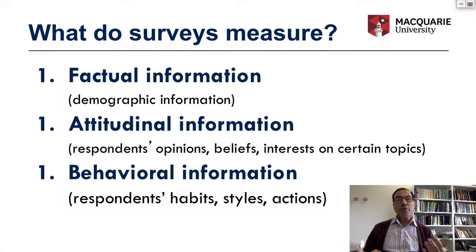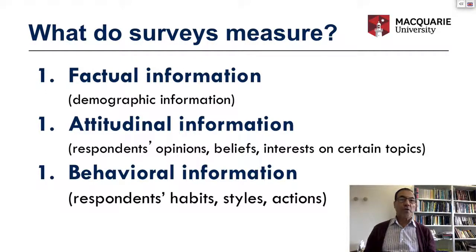So, what do survey studies usually measure? They measure three types of variables. The first one is usually called factual information, and this is the demographic information that researchers would like to collect from participants as one type of variable. The other section in questionnaire surveys usually include attitudinal information, which includes items or questions about respondents' opinions, beliefs, interests on certain topics.